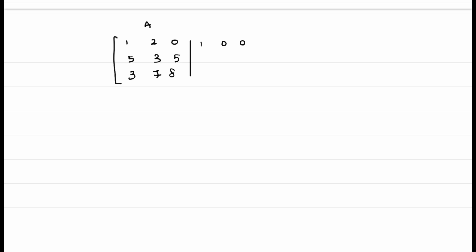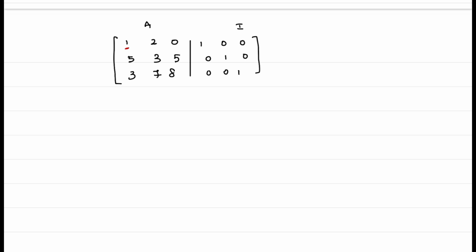This is A, this is I. 0 1 0, 0 0 1. What I will do: I have to make the first element as 1, so that is already 1. I need not do anything for it.